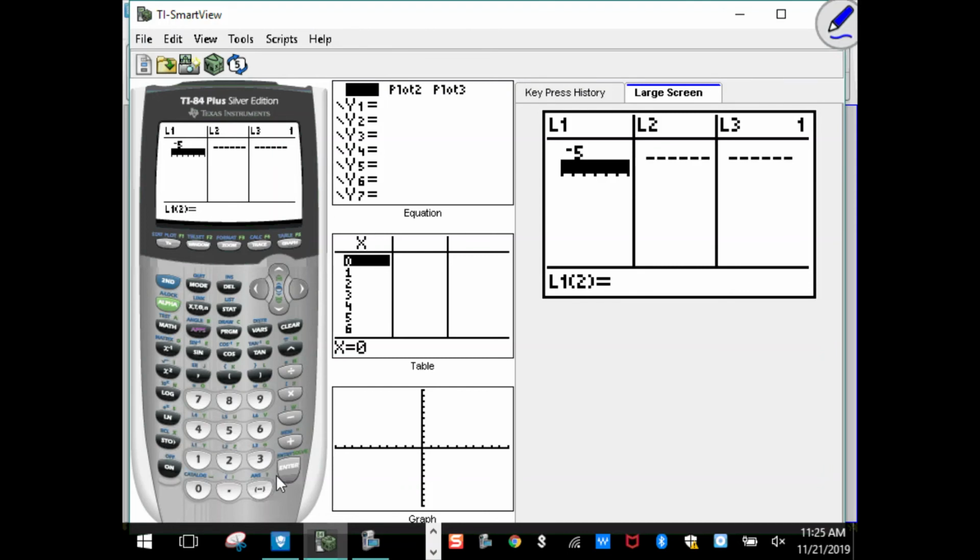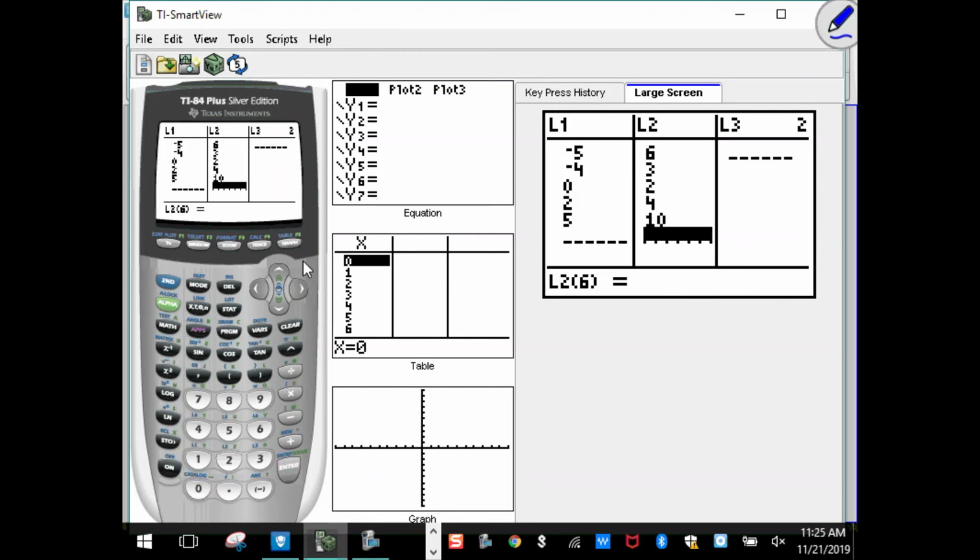Then I have negative 4. Then we have 0, then 2, then 5. So those are all of our x values. Then we're going to do the associated y values. So go back to the first point, that would be 6, then 3, then 2, then 4, and then 10.